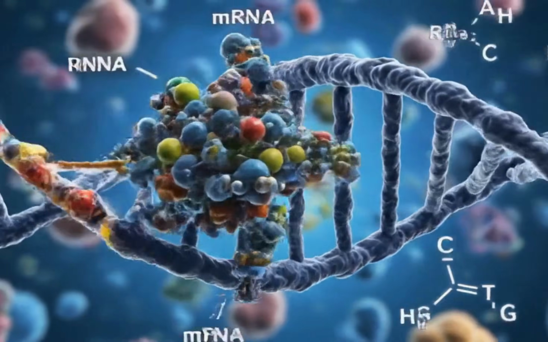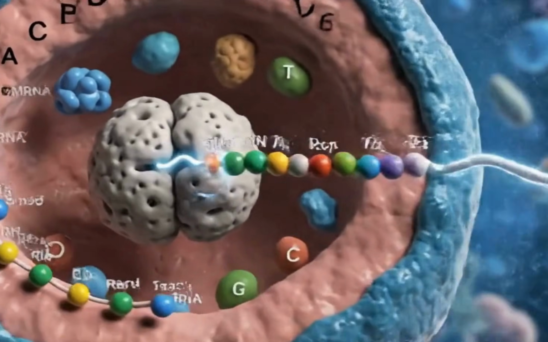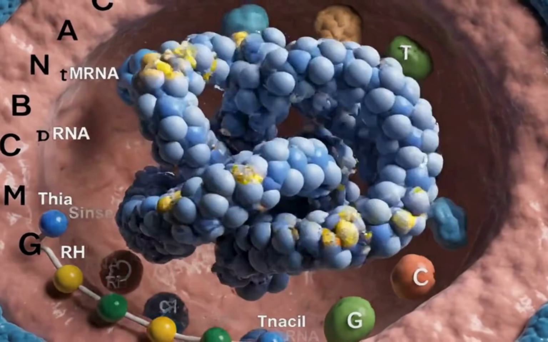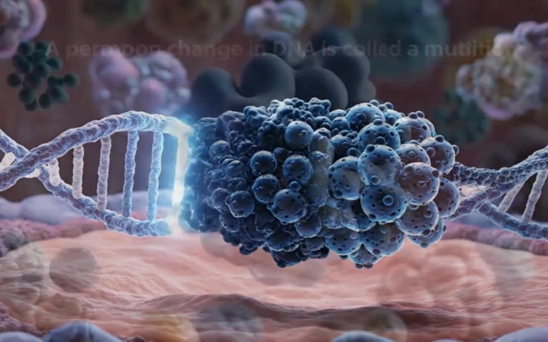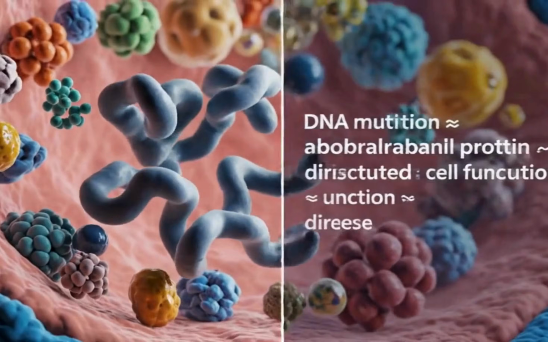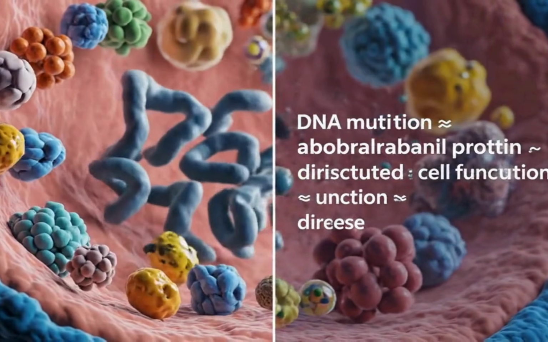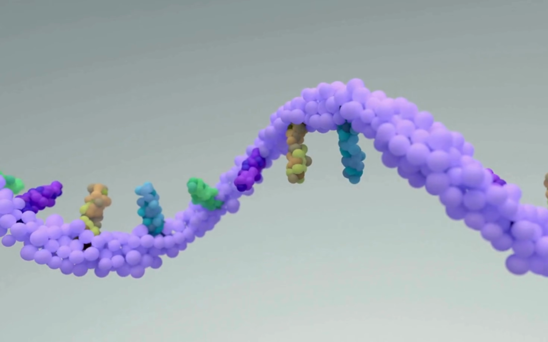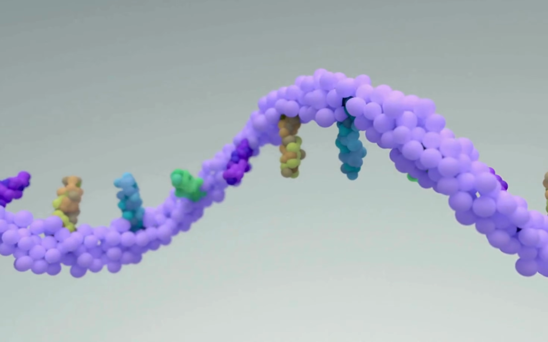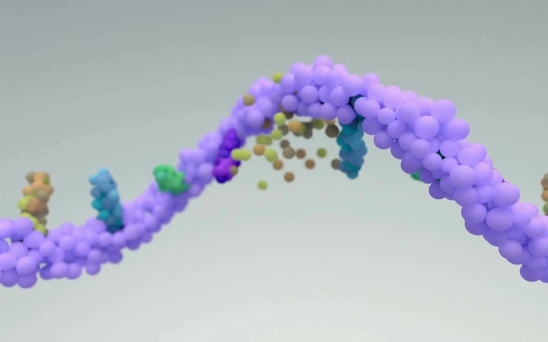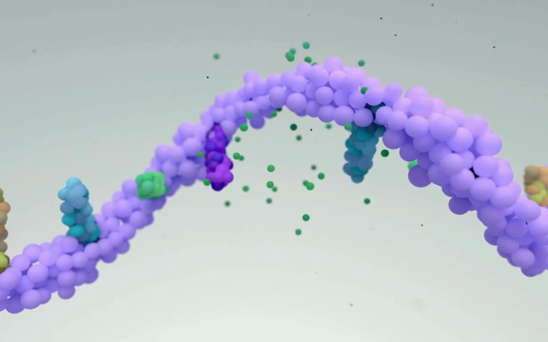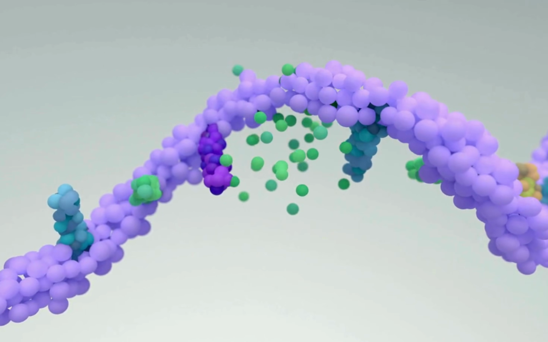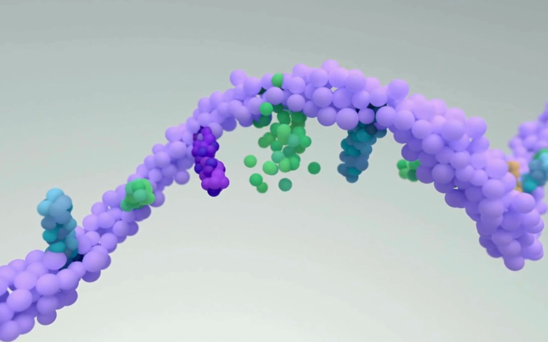Now, a permanent change in DNA or any DNA sequence is called a mutation. A mutation may replace, insert, or delete nucleotide bases. A substitution involving only one base may have no effect, change one amino acid, creating a missense mutation, or create an early stop signal, creating a nonsense mutation.